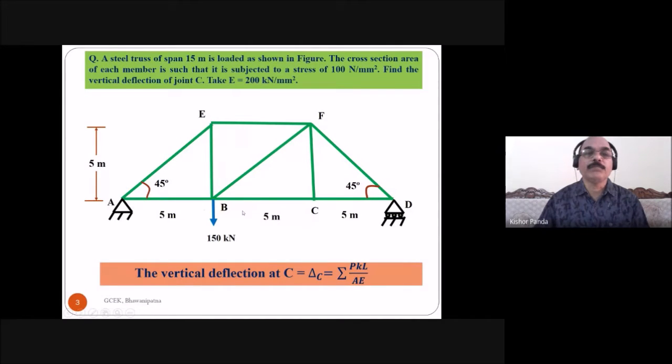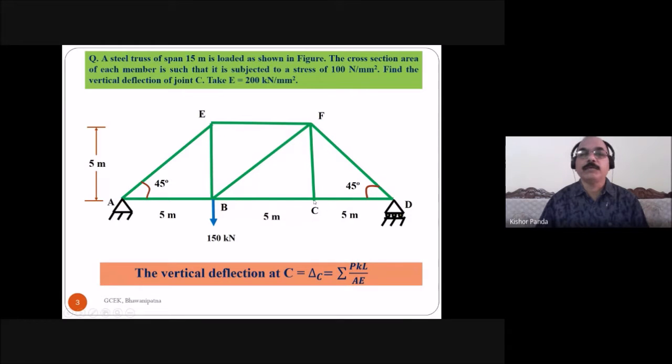This is AB, BC, and CD. Here the AB member is 5 meter, the BC member 5 meter, and the CD member 5 meter. And this is the AE member, this is the EF member, this is the ED member, this is the BF member, and this is the FC member. The angle between the AB member and the AE member is 45 degree.